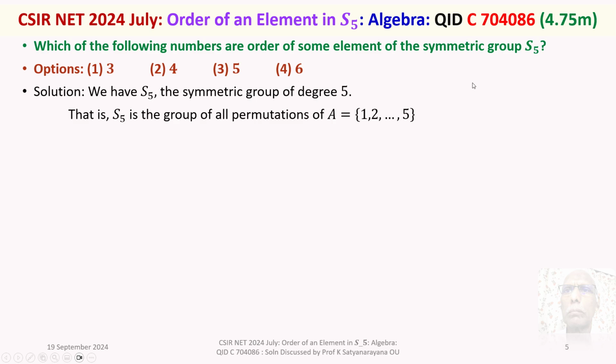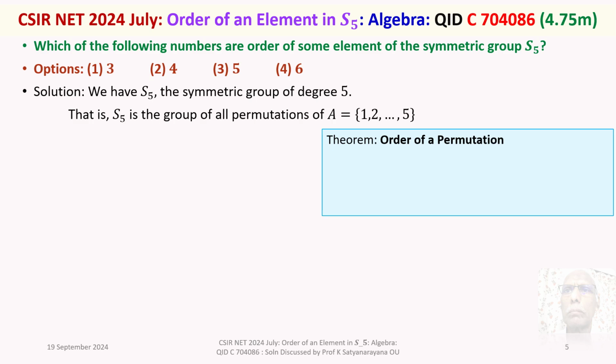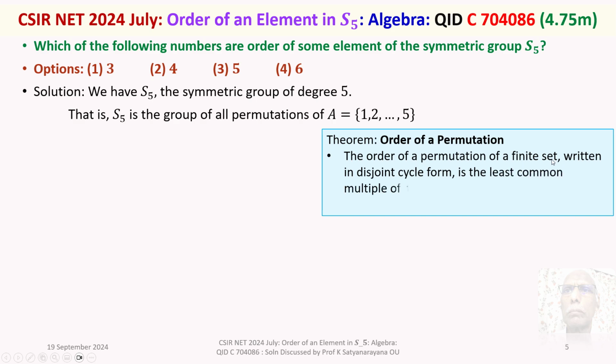For this, we recall a result. The result is about the order of a permutation. The order of a permutation of a finite set written in disjoint cycle form is the least common multiple of the lengths of the cycles.